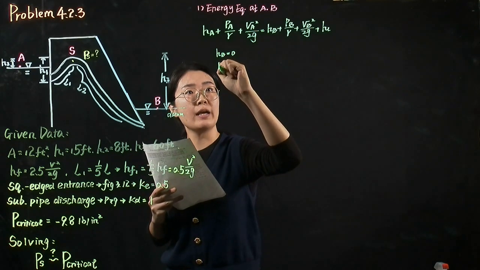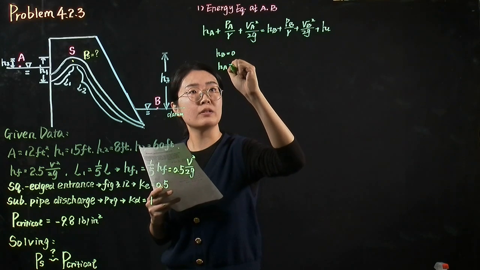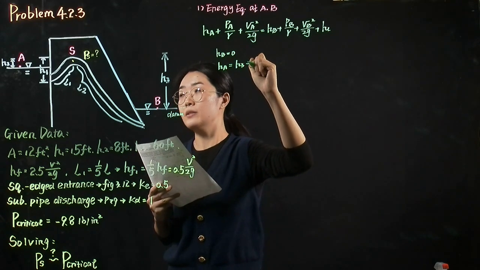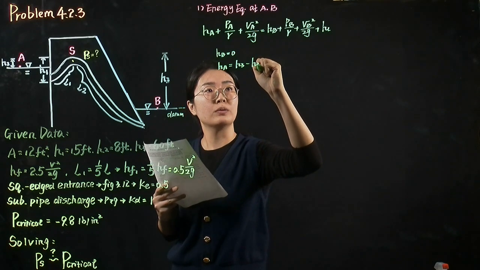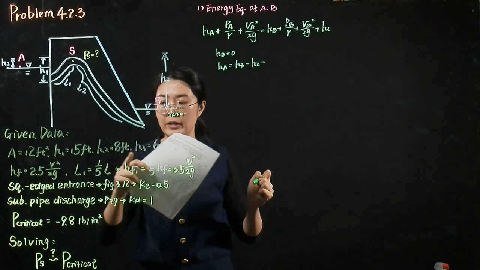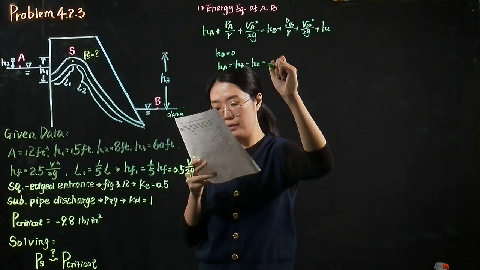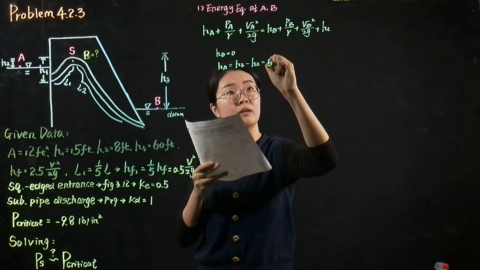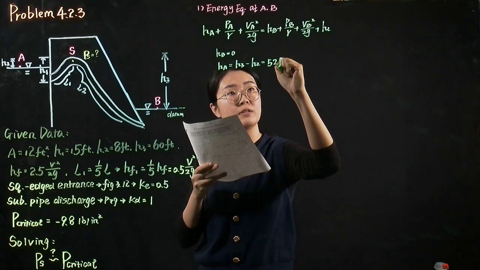And HA equals H3 minus H2. Because we already know the values for H2 and H3, we can get HA equals 52 feet.